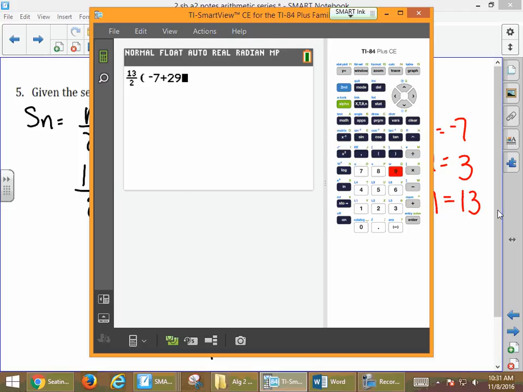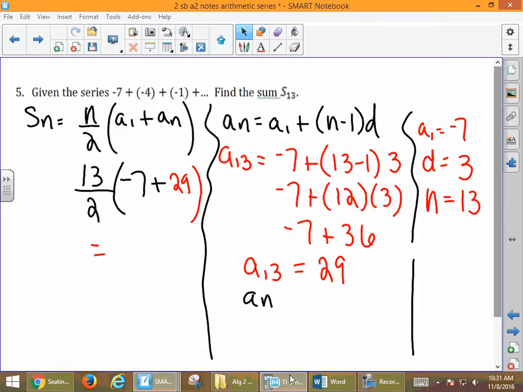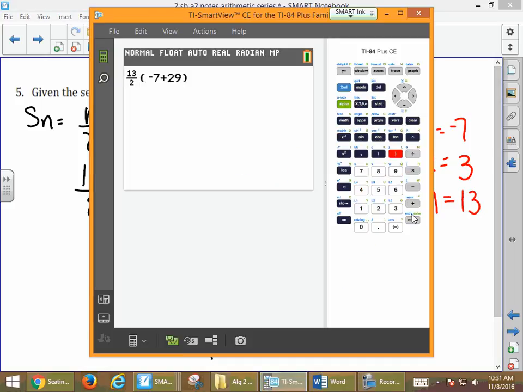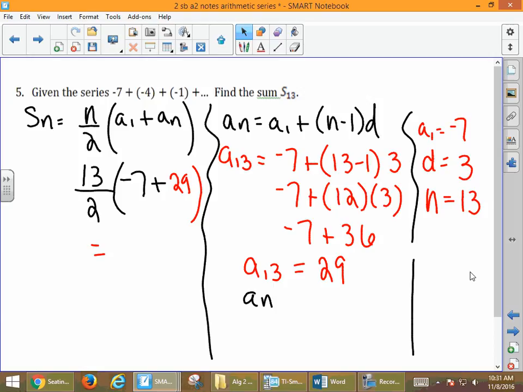Is that positive or negative? Positive 29. Oh, that gives us 143. And at some point, I bet some of you are already working ahead of me here. But we get 143.